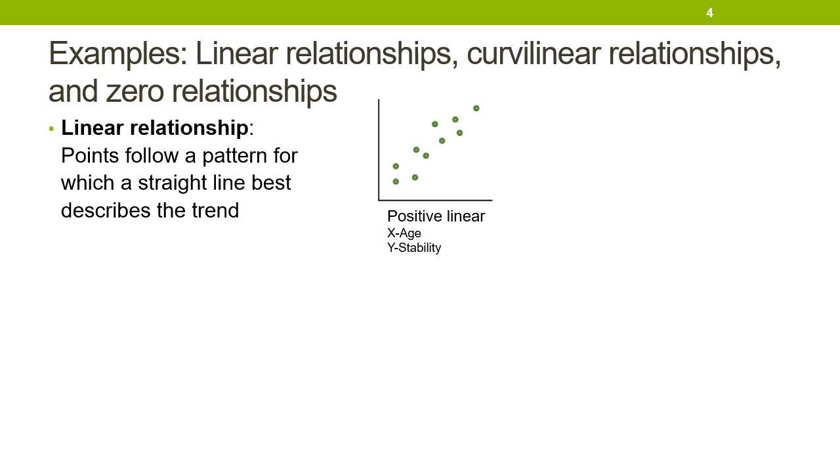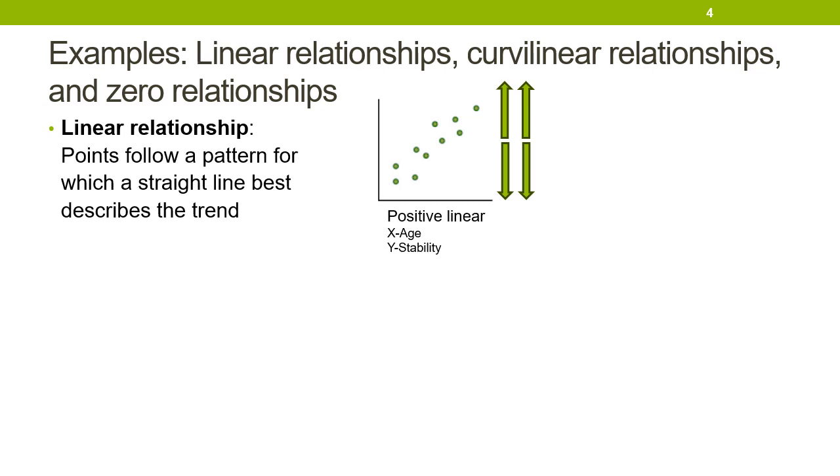As age increases, we would expect stability to increase, and as age decreases, we might expect stability to decrease. Of course, we know this would not be true for every individual. We can't use correlations to determine that. All we can say is the likelihood.